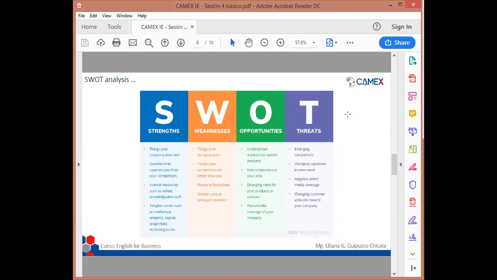We could talk about the emerging need for your products or services, and we could talk about press and media coverage of your company. For example, if a newspaper comes to our restaurant and we are interviewed by them, and they put it in the news, in this case the newspaper, it will be press coverage of our company that will give us an opportunity to get more clients.